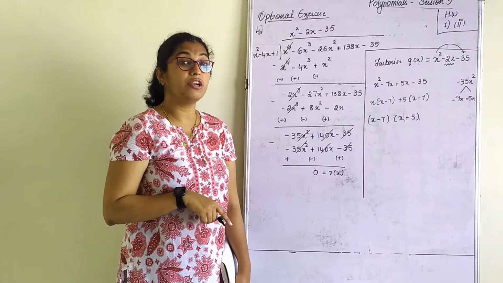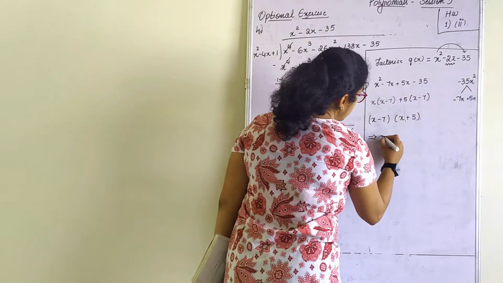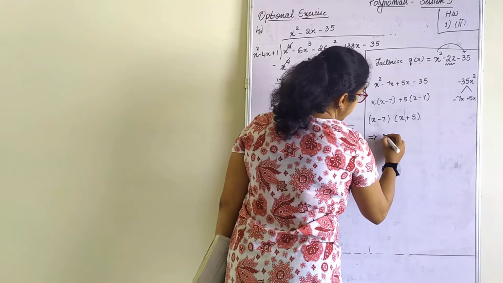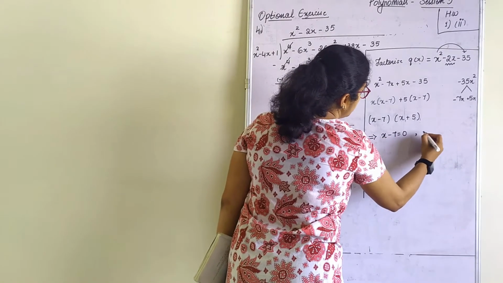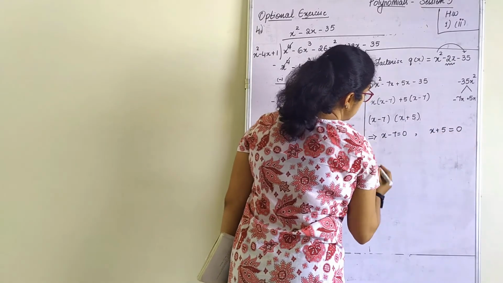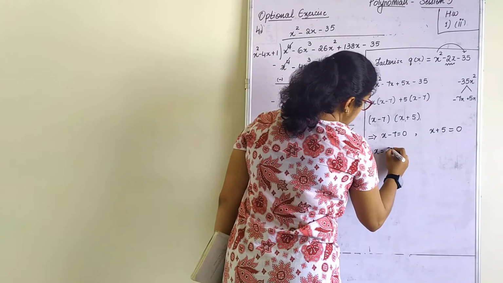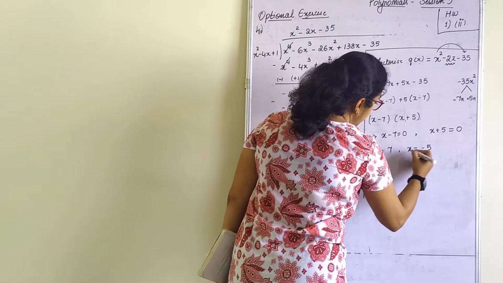But what do we want? We want zeros. Therefore, we equate the expression to 0. x minus 7 is equal to 0 and x plus 5 is equal to 0. x is equal to 7 and x is equal to minus 5.